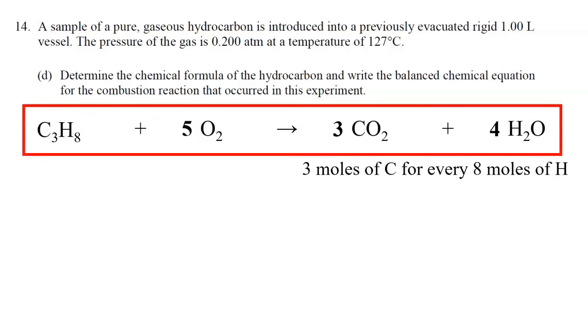So now this is not only the chemical formula of the hydrocarbon, C3H8, but this is the answer for the balanced chemical equation for the combustion reaction that occurred in this experiment. And it all came from our understanding of mole ratios, which was related to the pressure ratio in that reaction vessel. All right, well, let's go ahead and take a look at part E of this question.